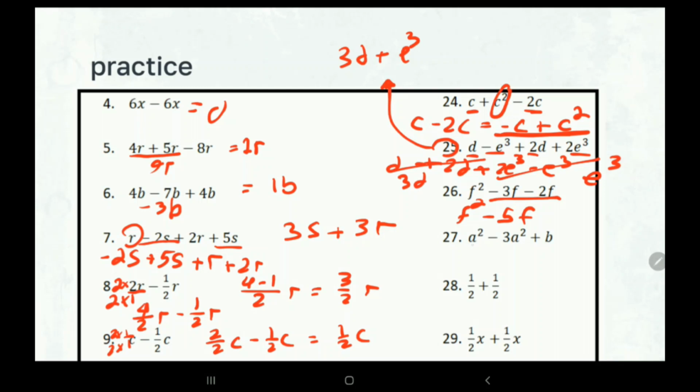Question number 27, we'll just add the like terms of a squared minus 3a squared, so it will be negative 2a squared plus b. Question number 28, it's easy, it will be 2 over 2, which is 1. And finally 29, it will be 2 over 2x, or 1x.